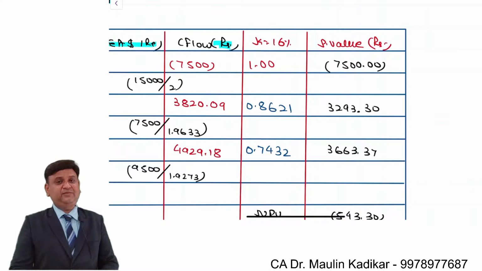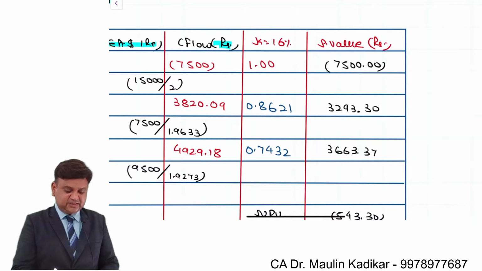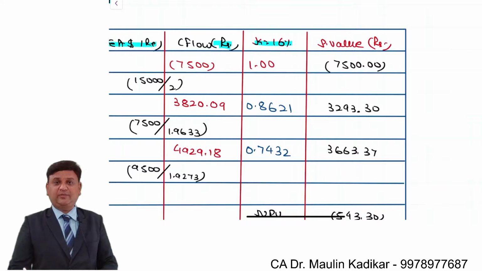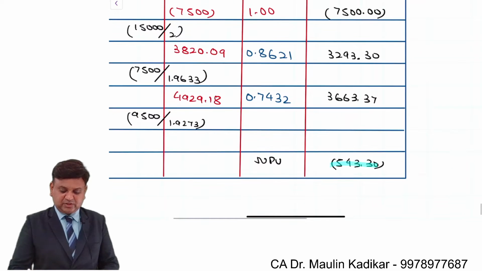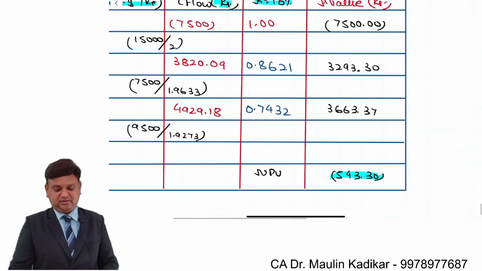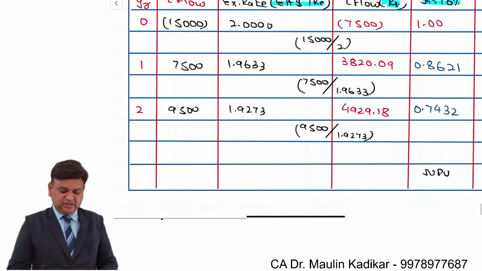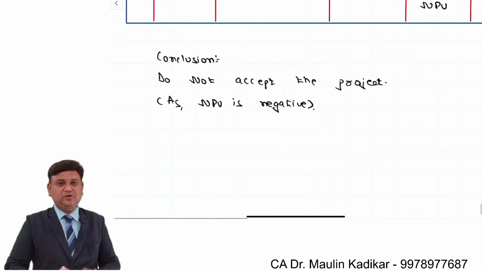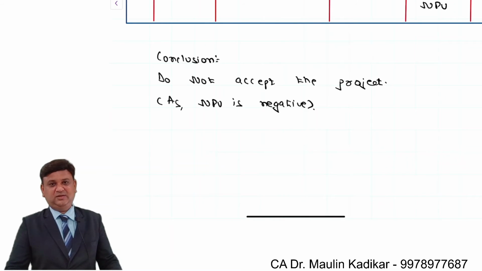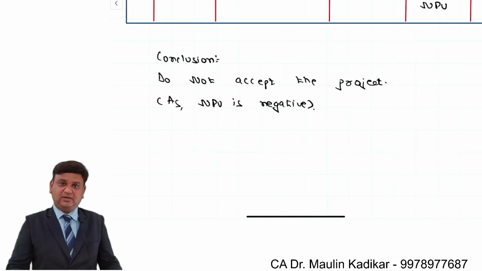Importantly, we are making an assumption that the given discounting rate is for domestic currency, and based on that the NPV is calculated. Unfortunately, NPV is negative, so we advise the company not to accept the project. Now we'll proceed to the second method, that is the foreign currency approach.